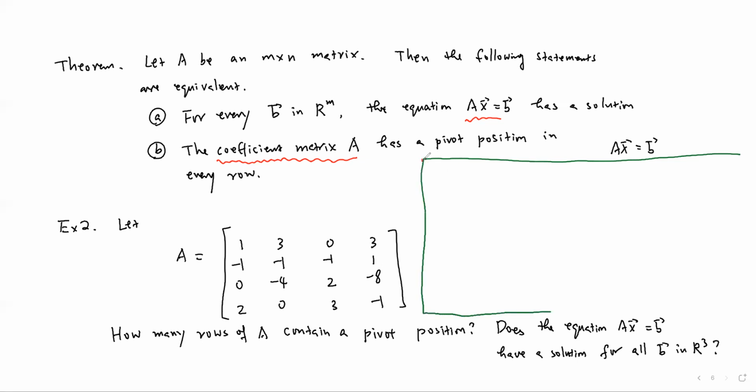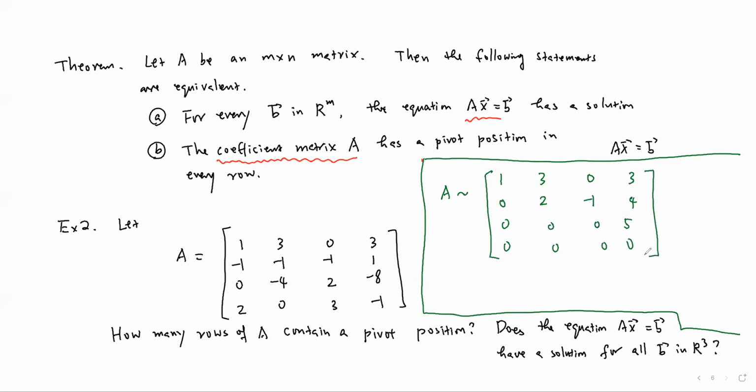Matrix A. Now perform row operations, then I get the echelon form: 1, 3, 0, 3; 0, 2, -1, 4; 0, 0, 0, 5; 0, 0, 0, 0.